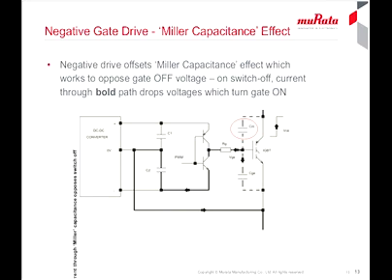This is the so-called Miller capacitance. The pulse of current flows in the direction of the arrows in the diagram through the gate emitter capacitance, as well as back into the driver circuit. Both current paths produce positive voltage drops which tend to turn the IGBT on again. Driving the gate negative again helps to overcome the effect.